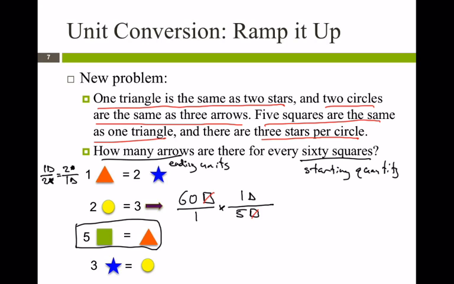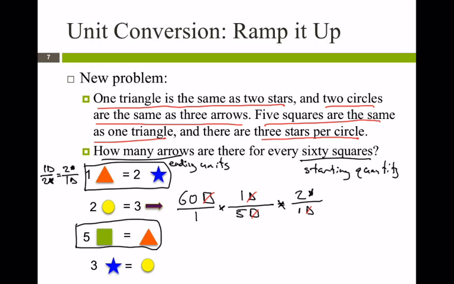Next, we want to try to get closer to arrows, always keeping arrows in mind. So in order to get from triangles closer to arrows, the only conversion factor it looks like we have is the top one here. So we have 1 triangle, 2 stars over 1 triangle. That allows us to convert once again from triangles to stars.